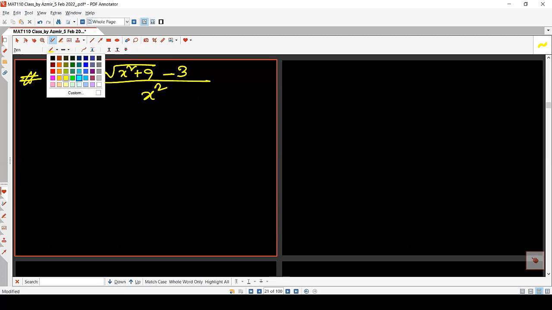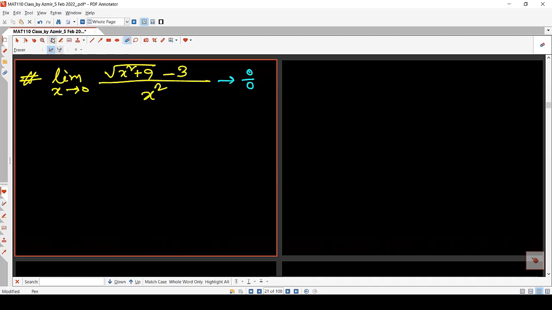So at first, we can input 0 where we have x. So it is becoming square root of 9 negative 3. That means actually we have 3 negative 3. So it is 0. And in the denominator, we have also 0. So we can see that it is giving us 0 over 0. That means it is an indeterminate form.